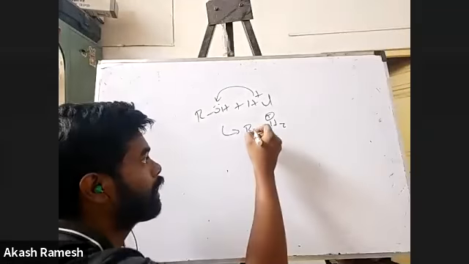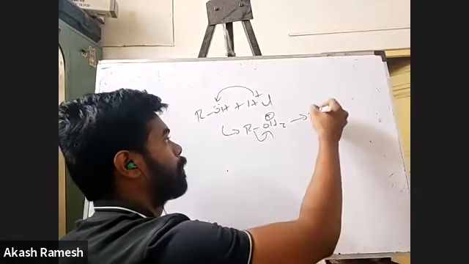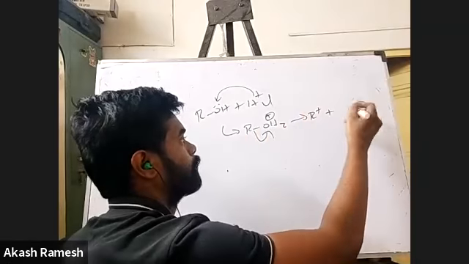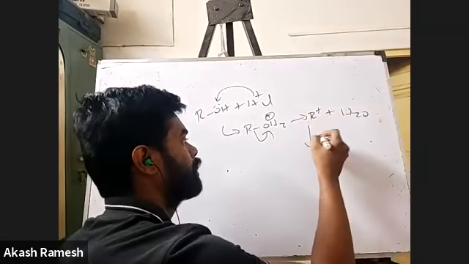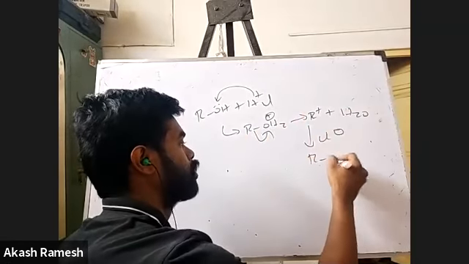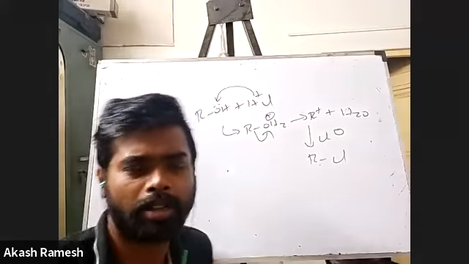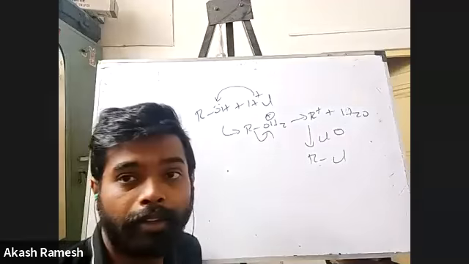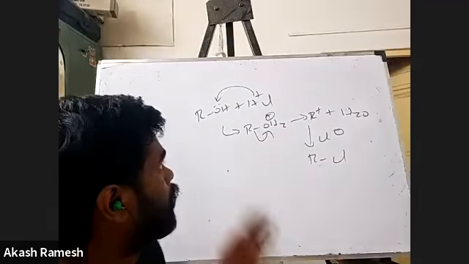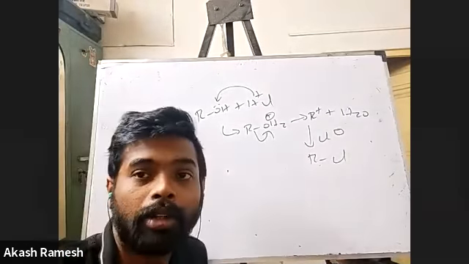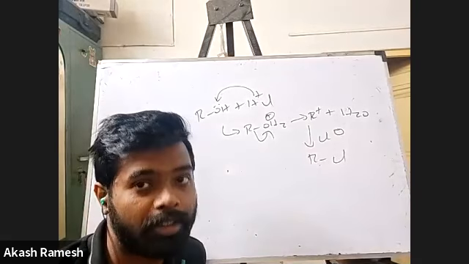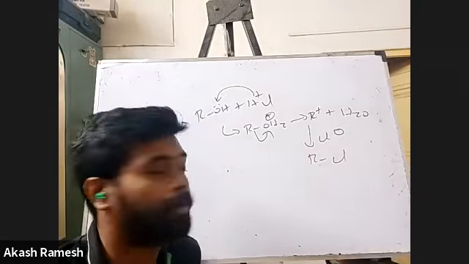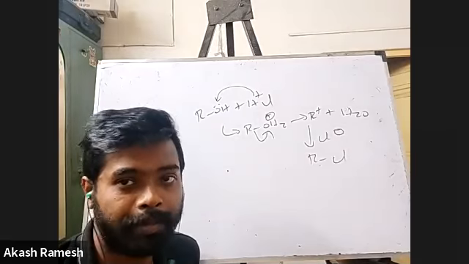Now the water molecule leaves to form R plus and H2O, and then the Cl minus comes and attacks to form RCl. This is the way we do it: we convert OH into some other thing, which is a good leaving group, that is H2O in this case, and then I'll be able to make the nucleophilic interaction happen.